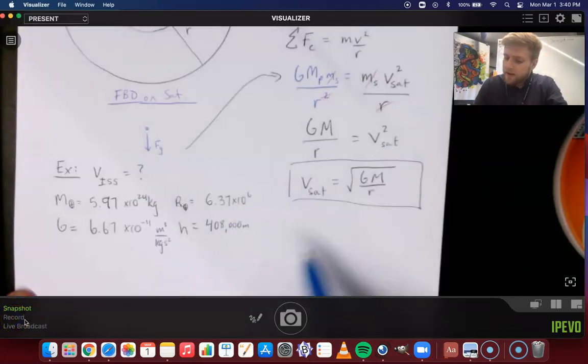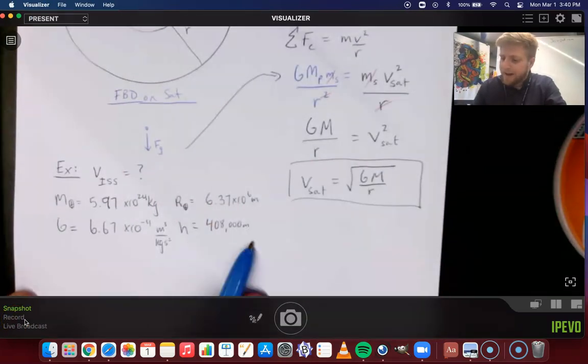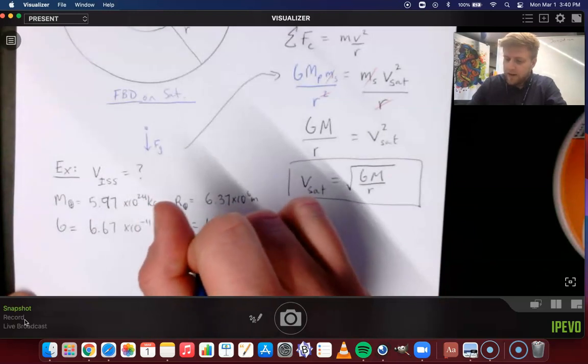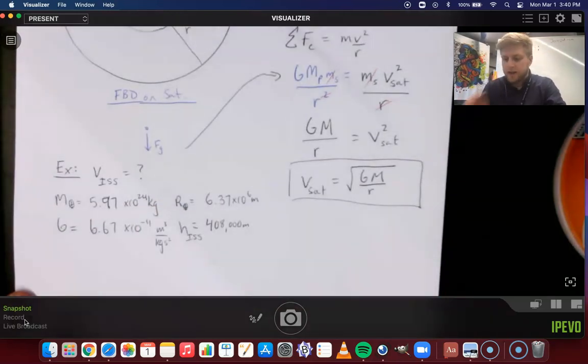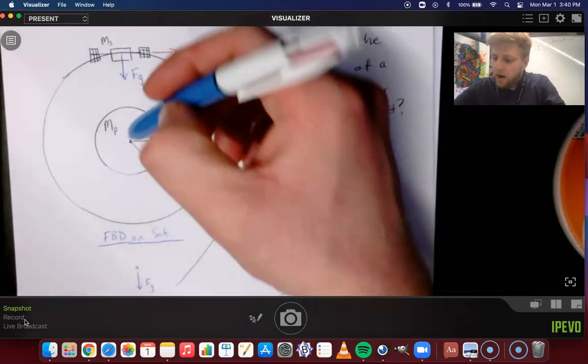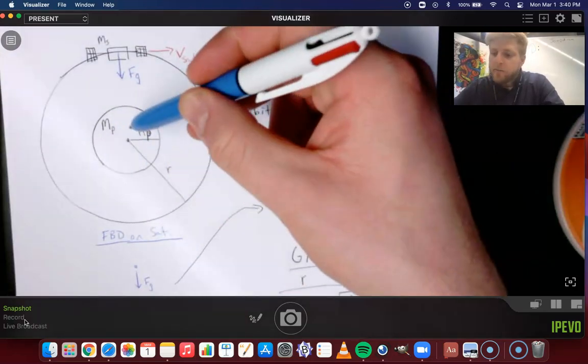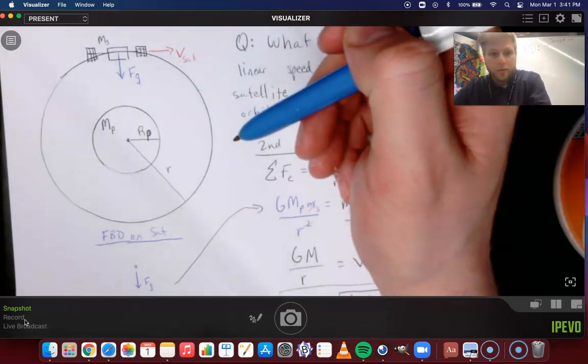So here we've got our data. Again, the mass of the Earth, the radius of the Earth in meters, the height of the International Space Station in meters, and then big G. I just want to very quickly point out what h means in this context. So again, r is the total distance, the little r. Big R is the radius of the Earth, which is a number we wrote down.